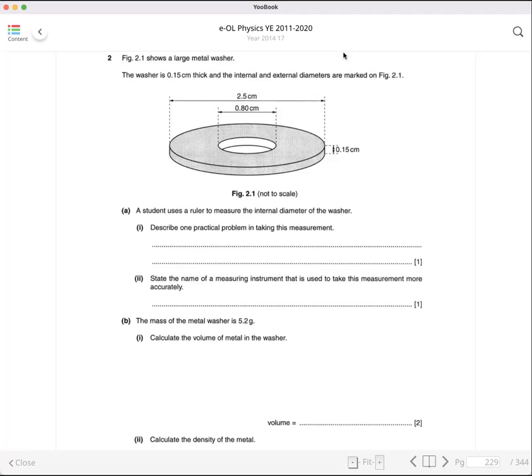Bei Guan, your unit is wrong. Your value is correct. Yiting, are you still giving me your answer for part B2? Okay, Yiting, your part 2 is not correct.